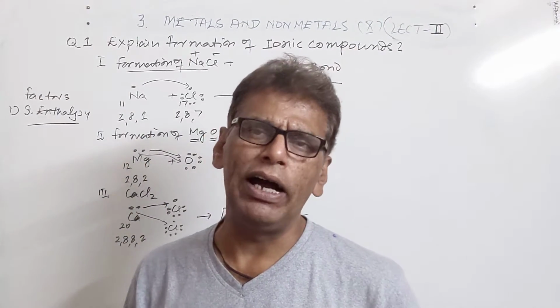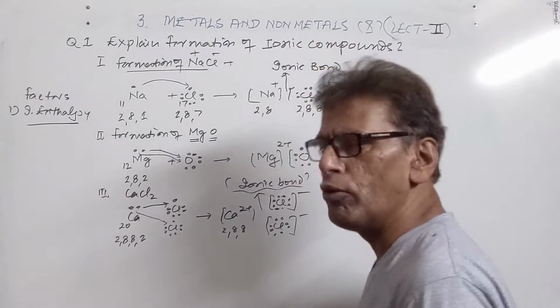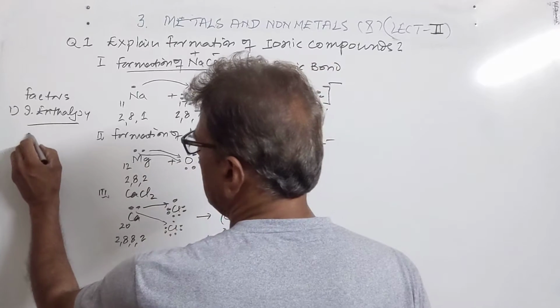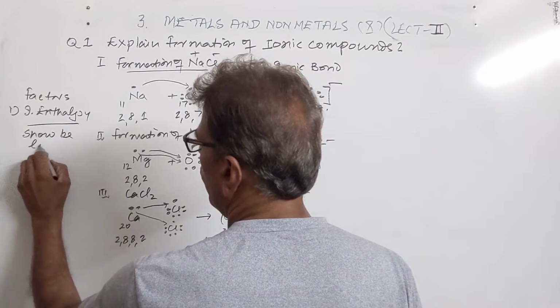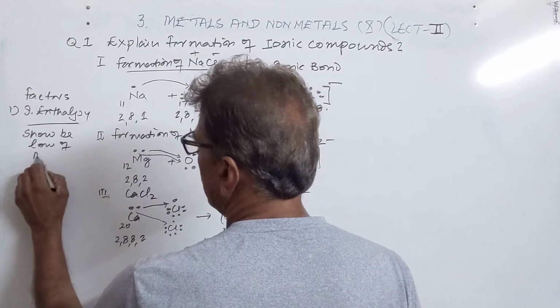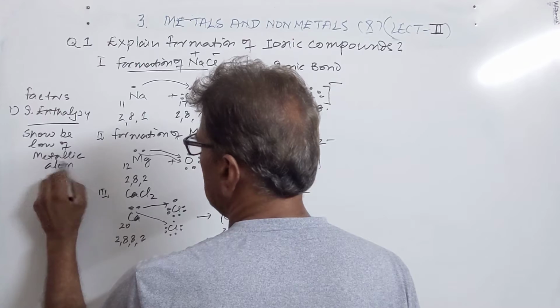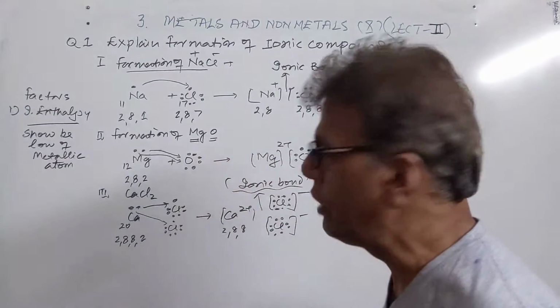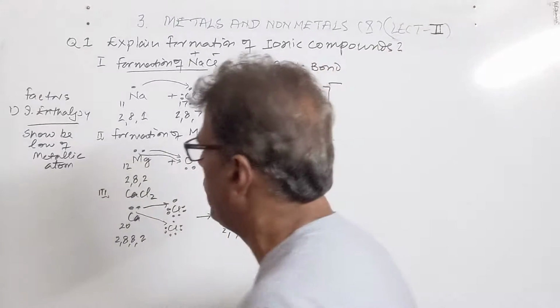Therefore, the energy required to withdraw electron from their outermost shell should be low. So ionization energy of metallic atoms should be low. They should require less energy for loss of electrons. If they require more energy, then formation of ionic bond will be a bit difficult.